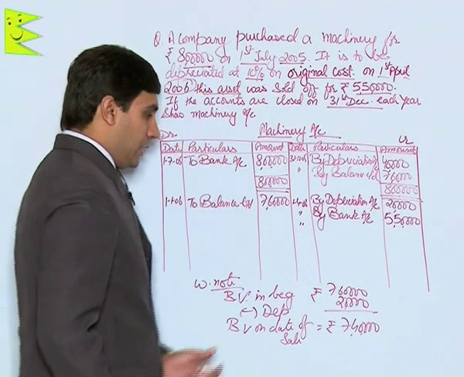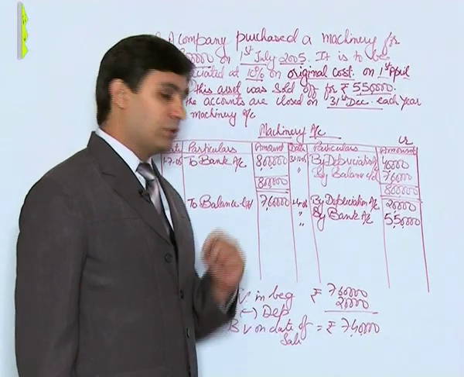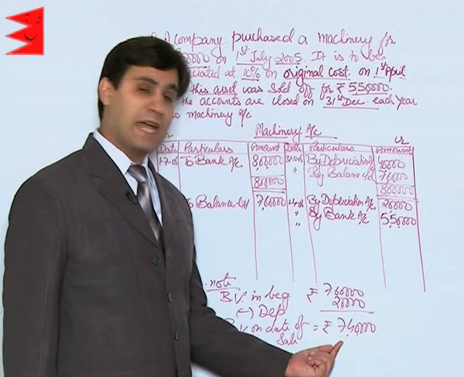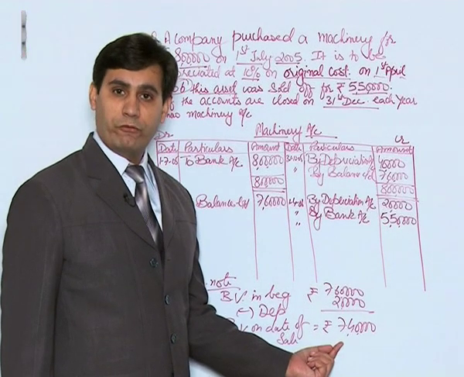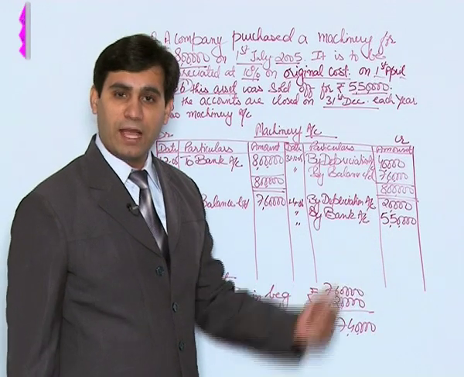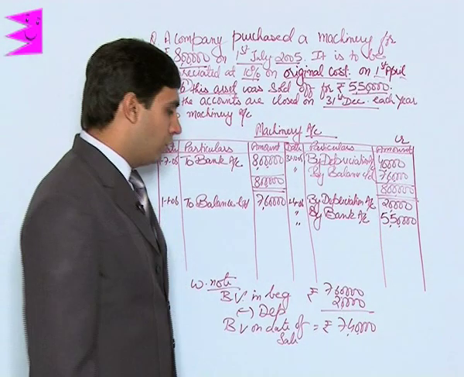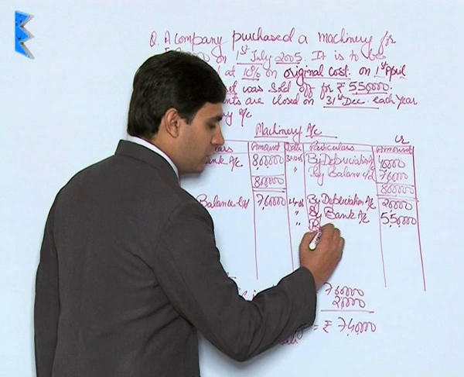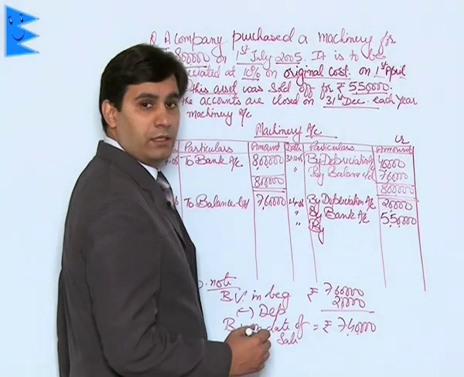So now students, it is very clear that on 1st April 2006, the book value of this asset was 7,40,000 and this asset has been sold for 5,50,000. So it clearly shows that there is a loss of rupees 1,90,000.